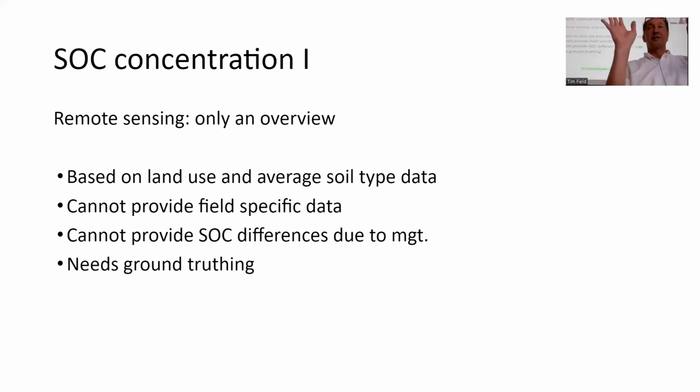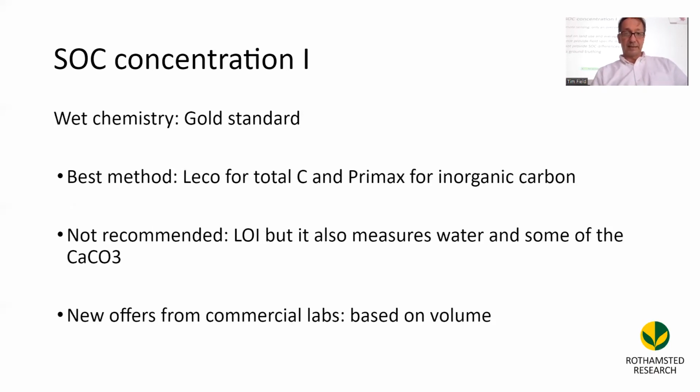Well, don't say never, but it will not be good enough in the next 10 or 20 years to really see the small difference we are looking for, from 1% to 1.2%. And usually you also always need ground truthing. If you establish a system which uses satellites, you will have to go down and take samples.